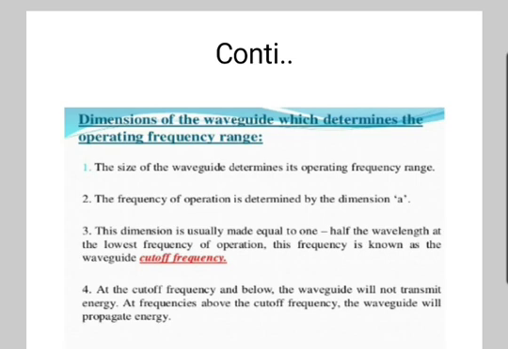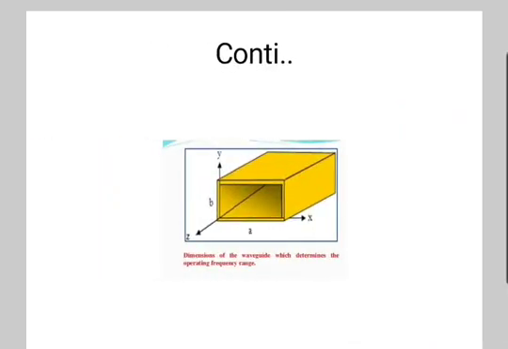For TE mode, it is assumed that the rectangular waveguide is filled with permeability mu and permittivity epsilon, and it is standard notation to carry the longest side of the waveguide along the x-axis so that a is greater than b.